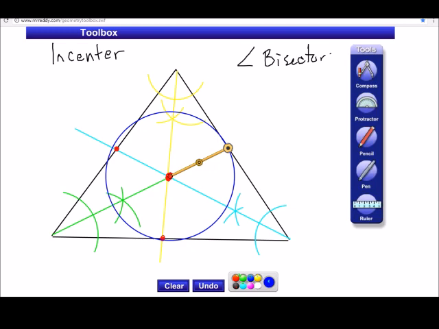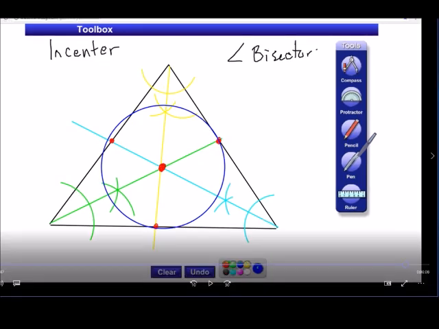That's not bad. That's pretty close. We have constructed the angle bisectors of our triangle, which gives us the in-center, which allows us to inscribe a circle inside of our triangle.